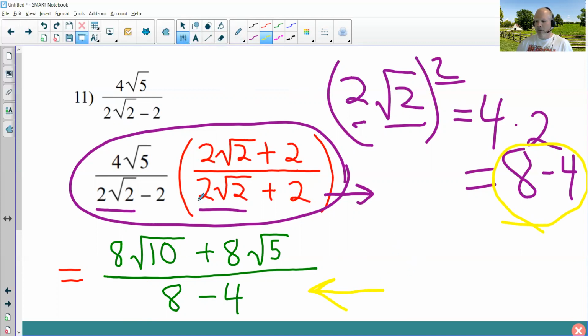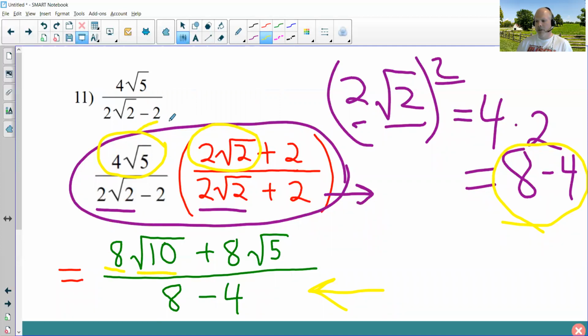The numerator, I just did 4 square root of 5 times 2 square root of 2. Well, 4 times 2 is 8. Square root of 5 times square root of 2 is square root of 10.